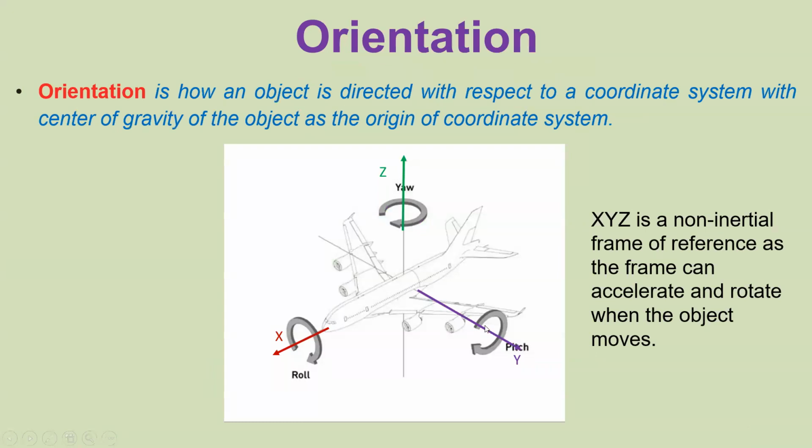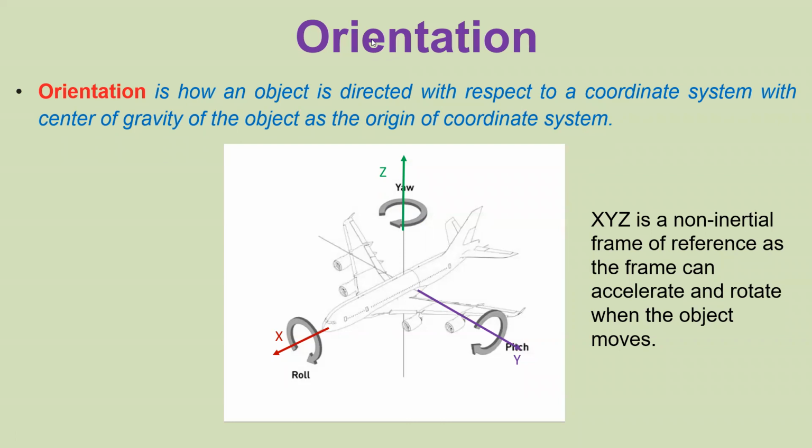So this XYZ axis is not an inertial frame of reference. When we were discussing accelerometers, we defined what is called an inertial frame of reference. In an inertial frame of reference, what was the condition?